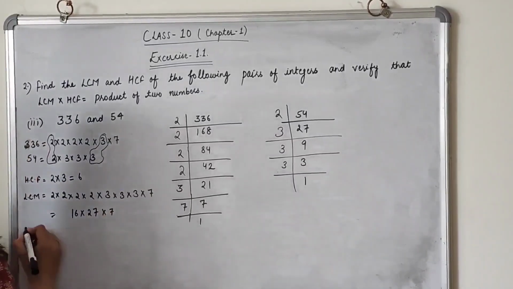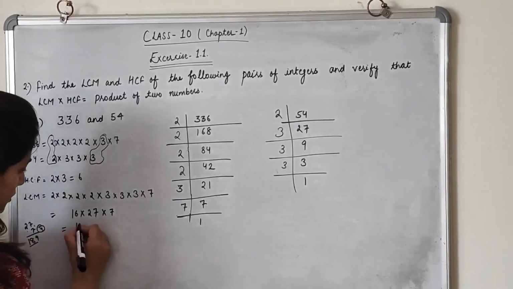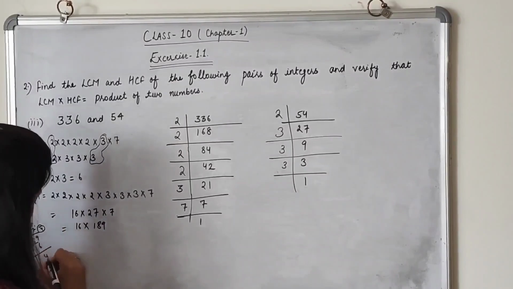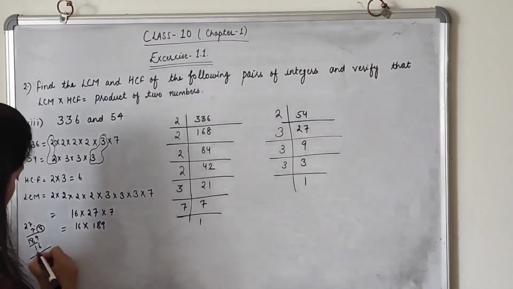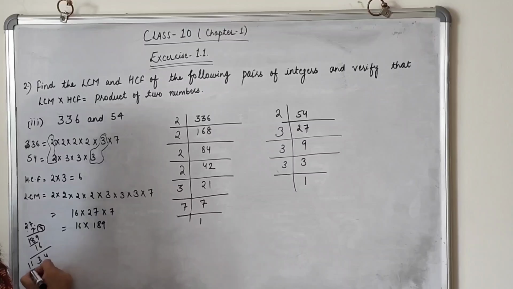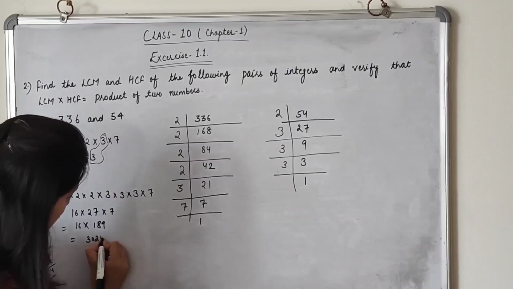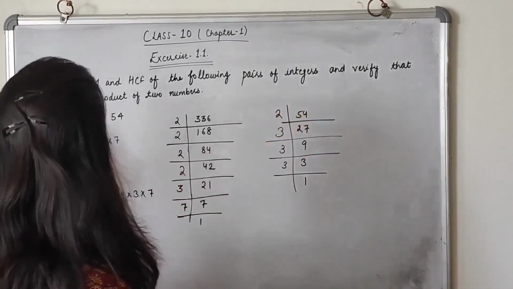So what is the answer? 27 into 7 is 7 7s are 49. 7 2s are 14 plus 4, 18, which is 16 into 189. 189 into 16: 9 6s are 54, 5, 8 6s are 48 plus 5, 53. 5 carry, 6 1s are 6 plus 5, 11. 189 into 1 is 189. 4, 9, 3, 12, 10, 3, 0, 2, 4. So LCM is 3024.